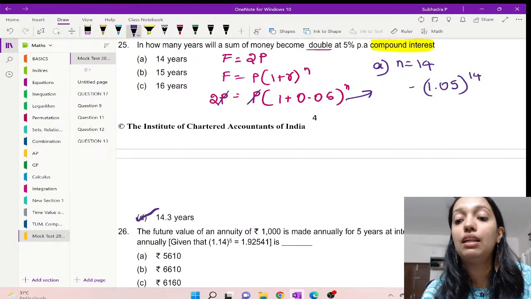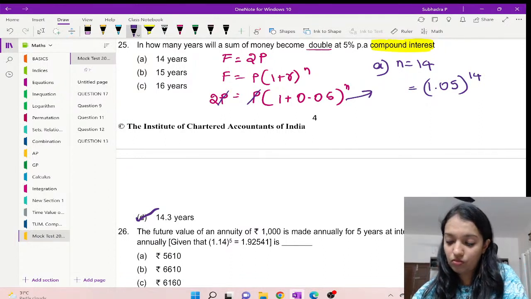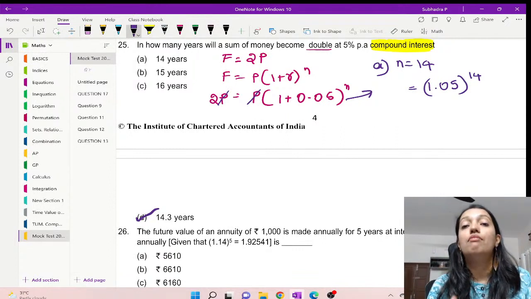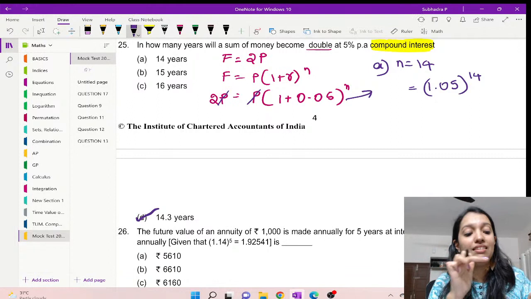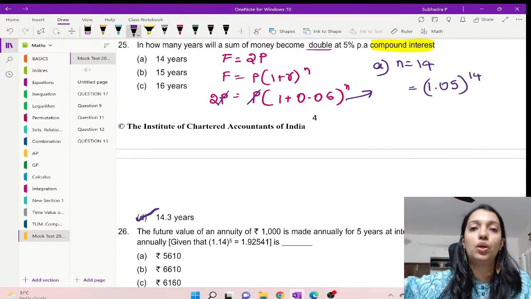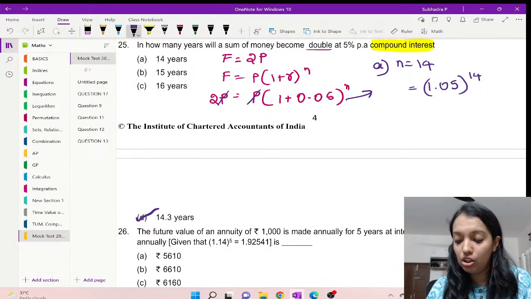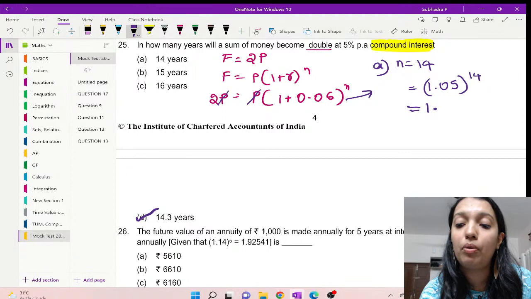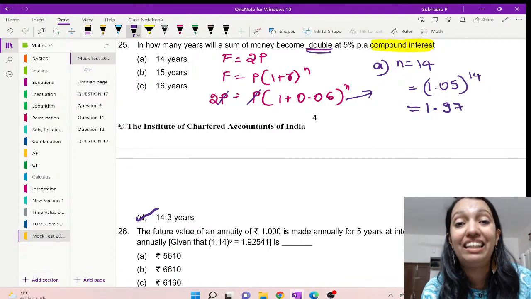No. Take your calculator, 1.05. 14 times multiplication means into equal to button for 13 times. So keep doing that. I got the answer as 1.97. What do I want? Exactly double, 2. I need to get 2. So option A is wrong.